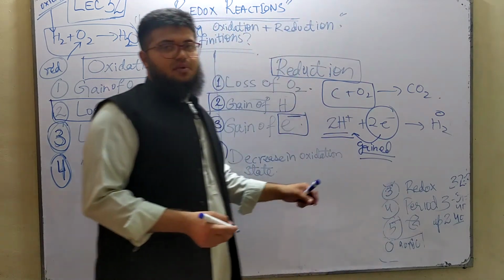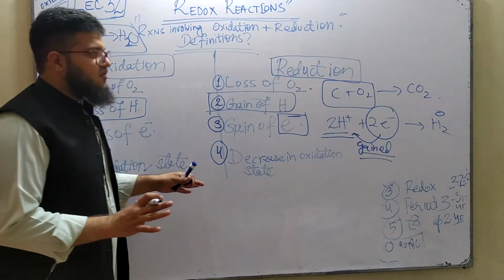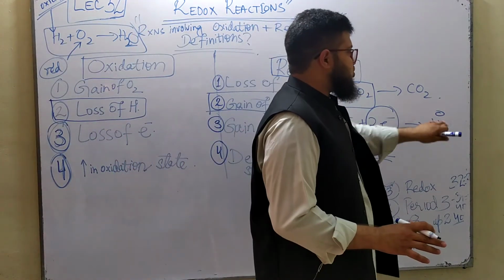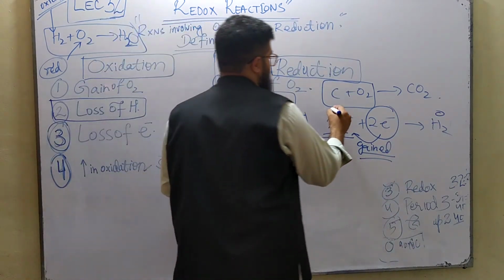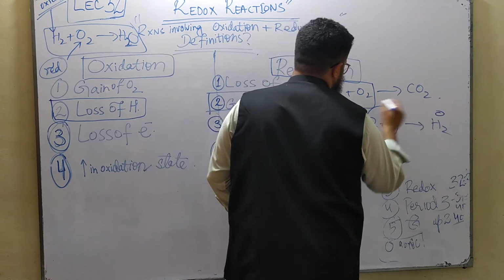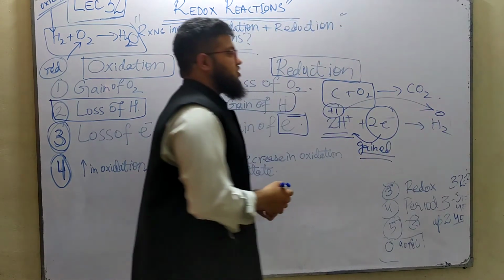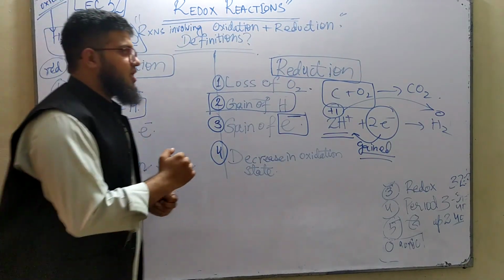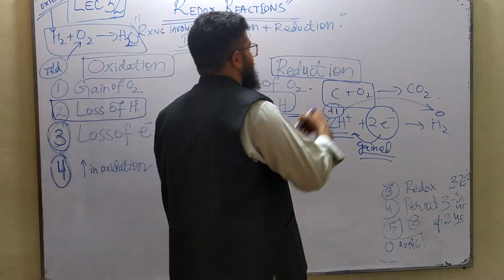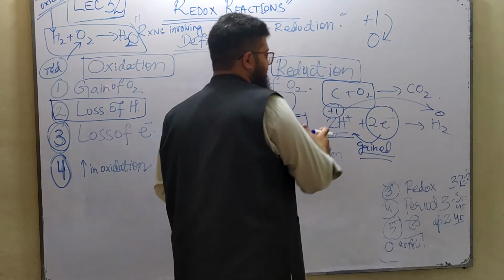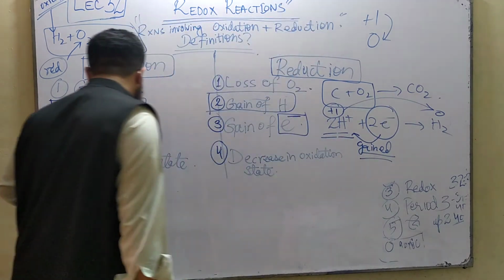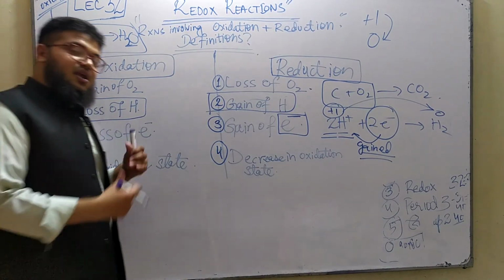Elements, in any atomic form, will always have a charge of 0 or oxidation number of 0. So its oxidation number is changing from +1 to 0. +1 to 0 means it is decreasing, right? It is falling from +1 to 0. So again, according to the fourth definition as well, it is being reduced.